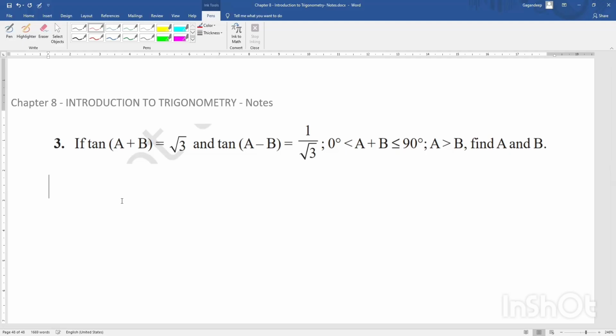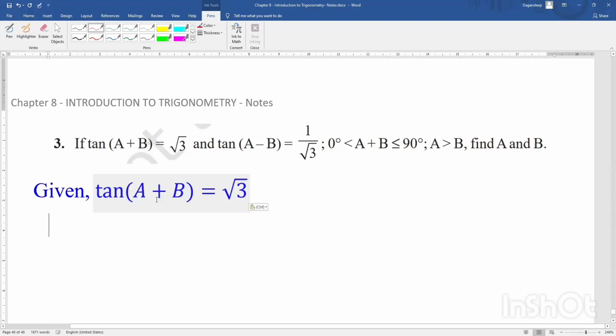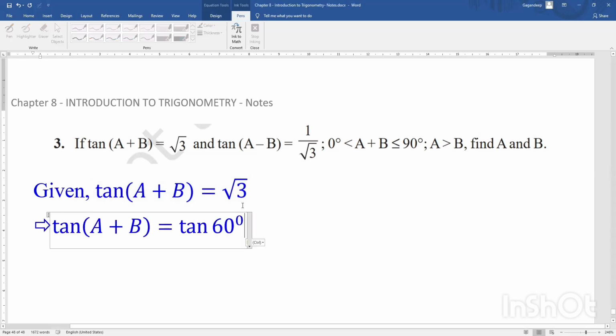Very important question. First we need to write down the given: tan of a plus b is equal to root 3, or I can write it as tan a plus b is equal to tan 60 degree, because tan 60 is nothing but root 3.